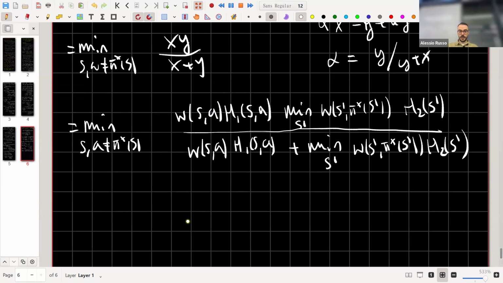And so we have just shown that this quantity is a lower bound to the characteristic time when we evaluate it in a specific W.